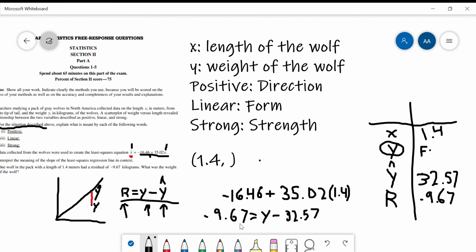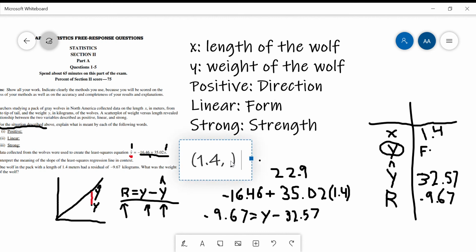So you can do negative 9.67 plus 32.57 and get 22.9 kilograms. That is y, and that is also the amount of kilograms that this wolf weighed.